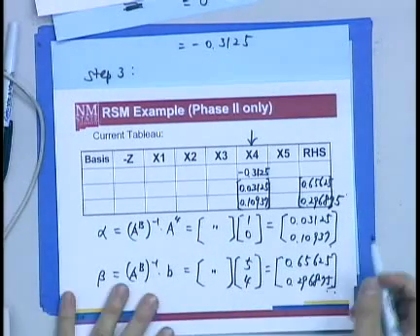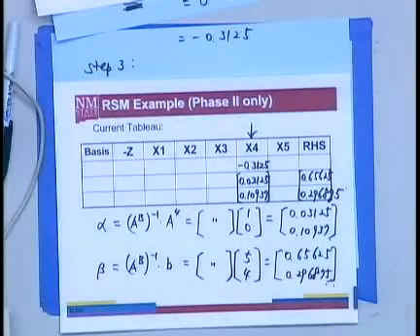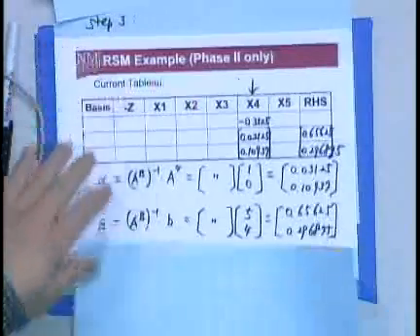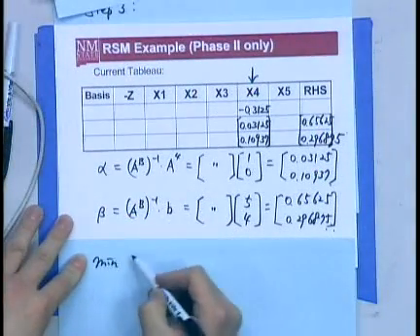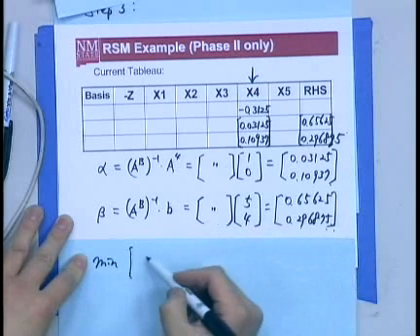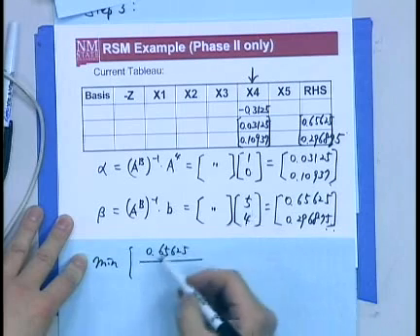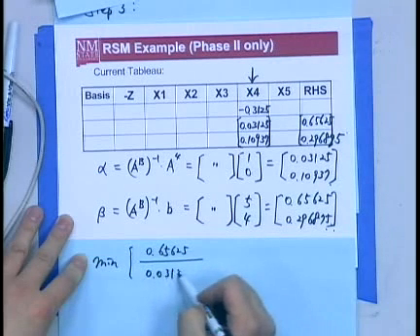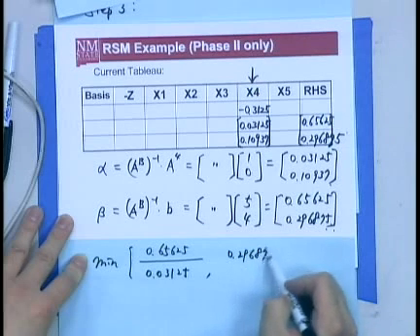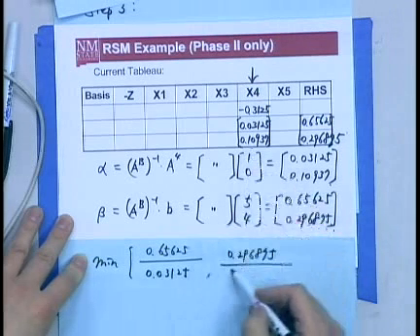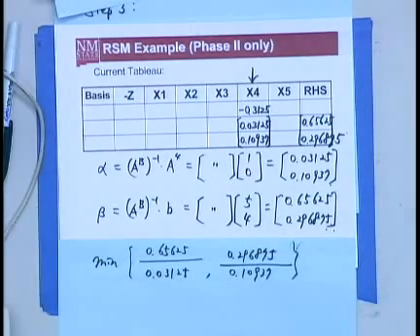Now you are able to do the minimum ratio test. So the minimum ratio test is 0.65625 over 0.03125 and 0.296875 over 0.10937. Okay?